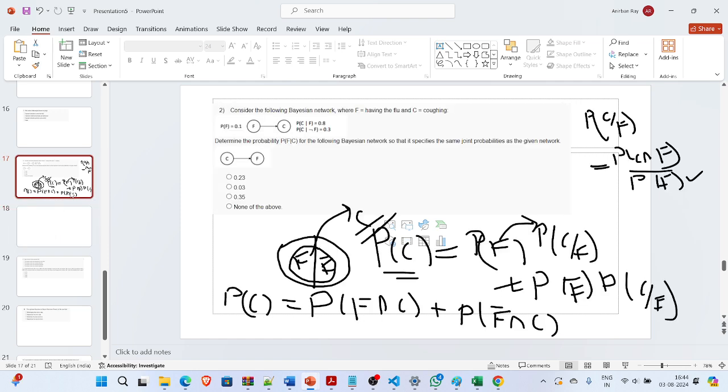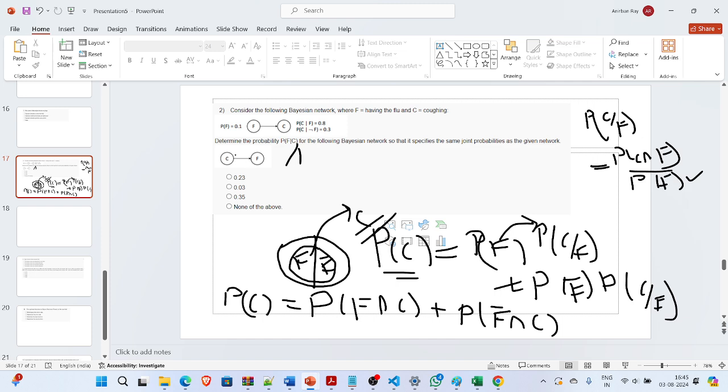So next, let's understand the problem here. You're given this situation, and you need to find this one. This is actually a Bayesian network. I don't know how much it is covered in the lectures, but it represents a directed acyclic graph. It is just a line in this case, simple enough.